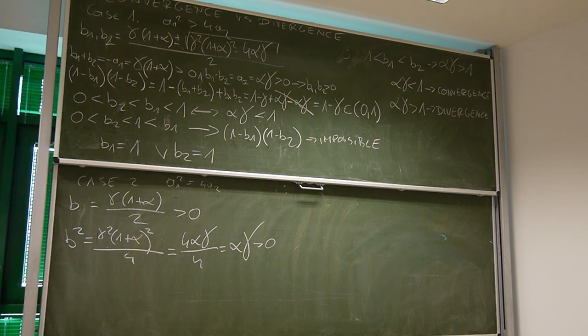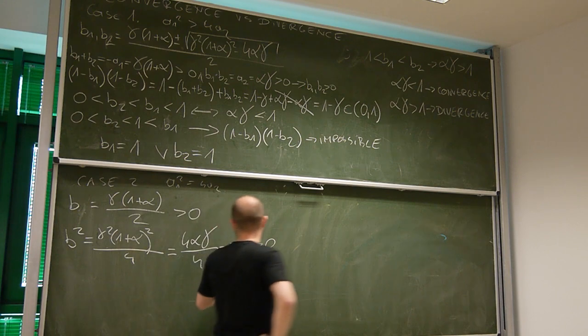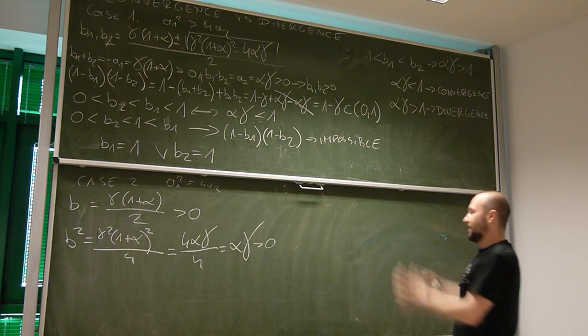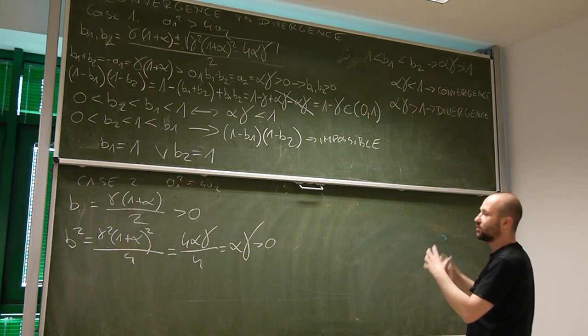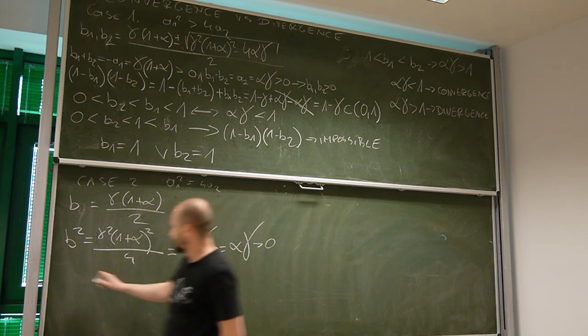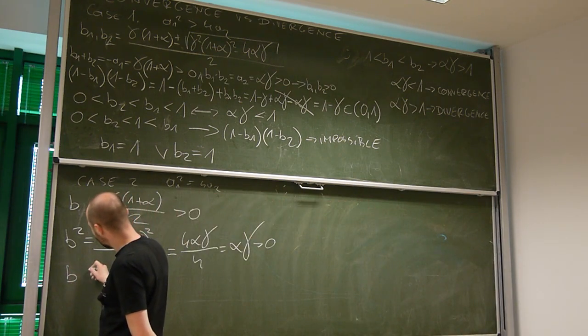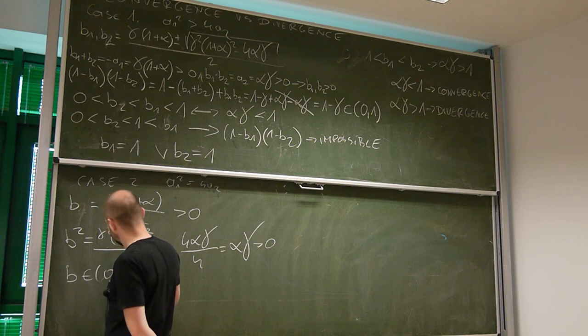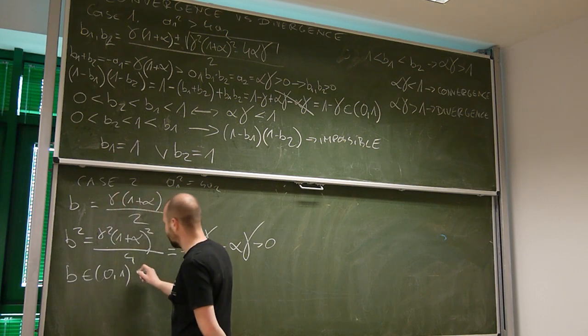We have two positive numbers, but because they are identical, in order to multiply two identical positive numbers and to get a positive number between 0 and 1, this number must be between 0 and 1.